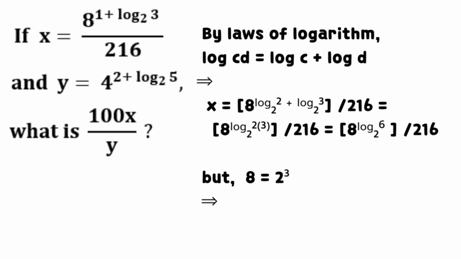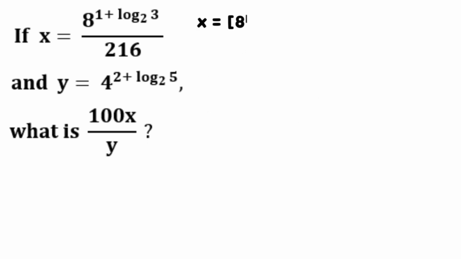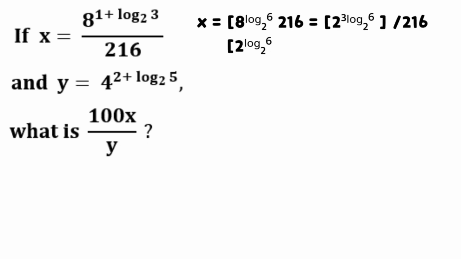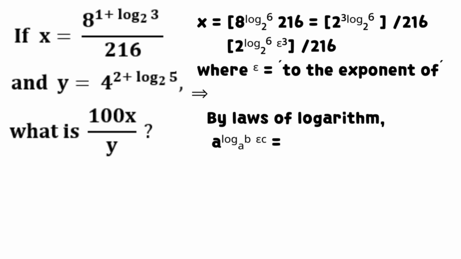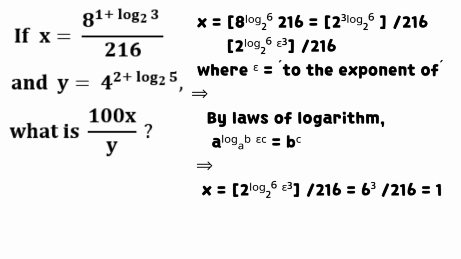But 8 equals 2 to the exponent of 3. It implies that x equals 2 to the exponent of the product of 3 and log 6 to base 2, all divided by 216, which equals 2 to the exponent of log 6 to the exponent of 3 to base 2, all divided by 216.